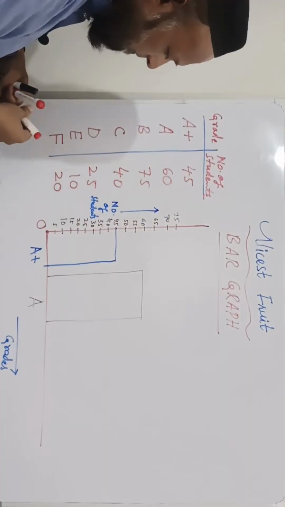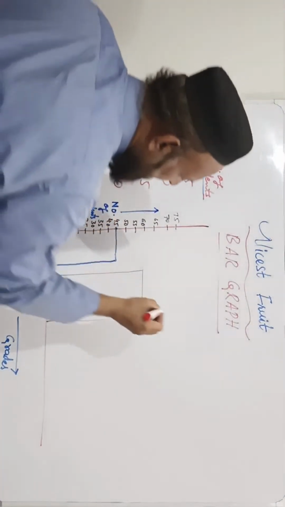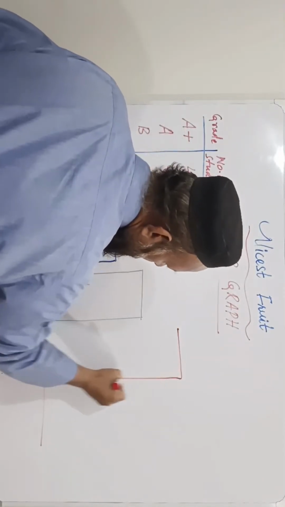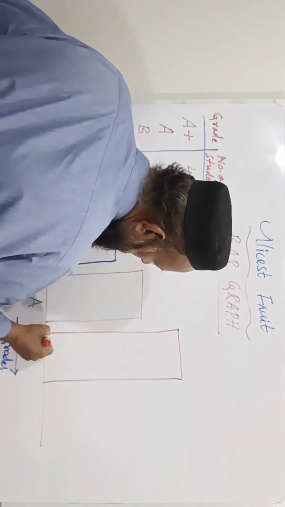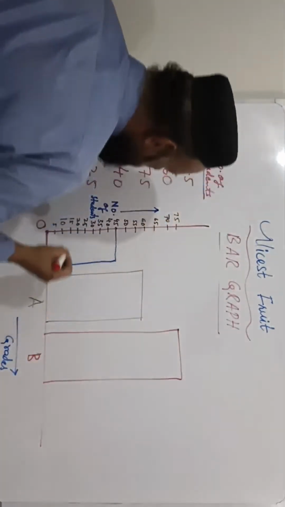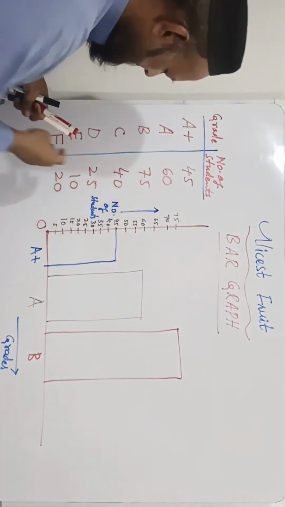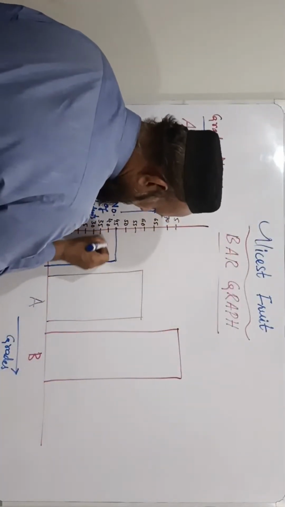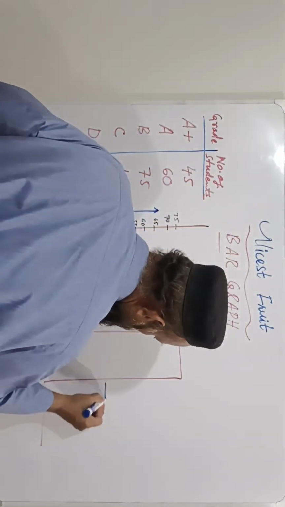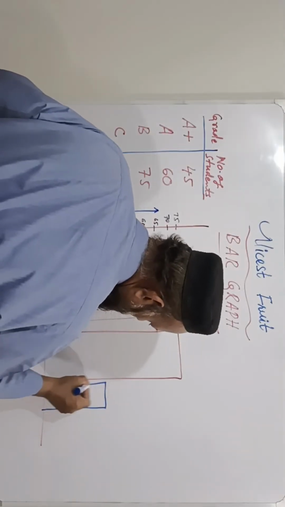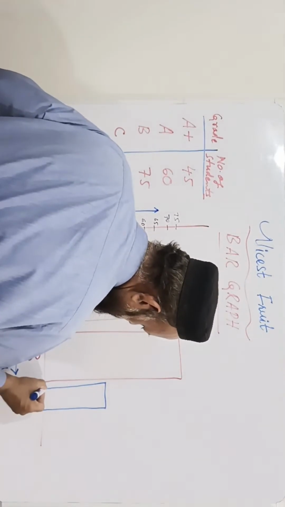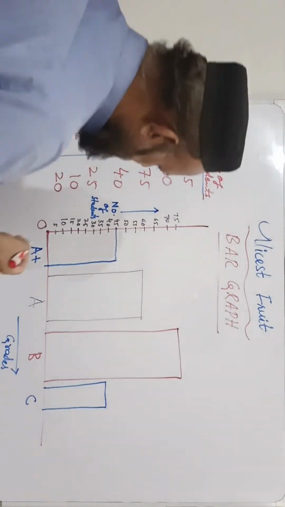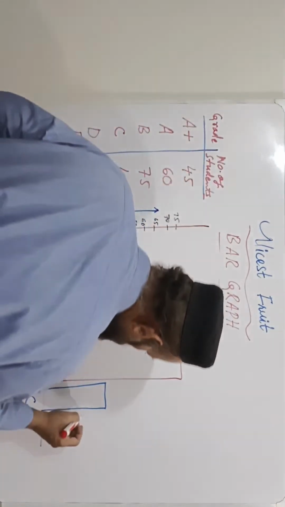Then B. B is 75. This is say B. Then C. C is 40. This is 40. Then D. D is how much? 25. This is say 25.